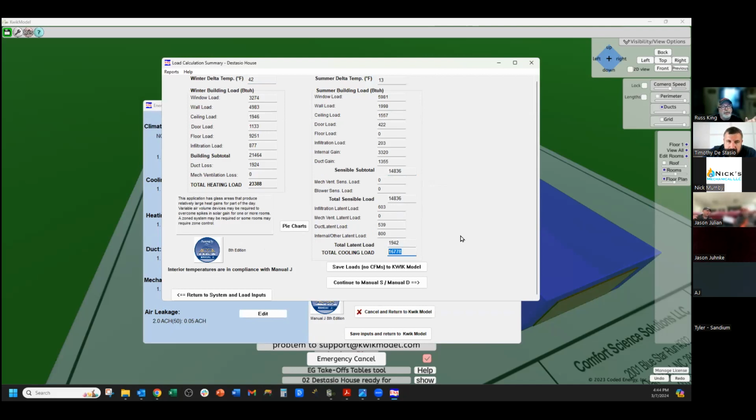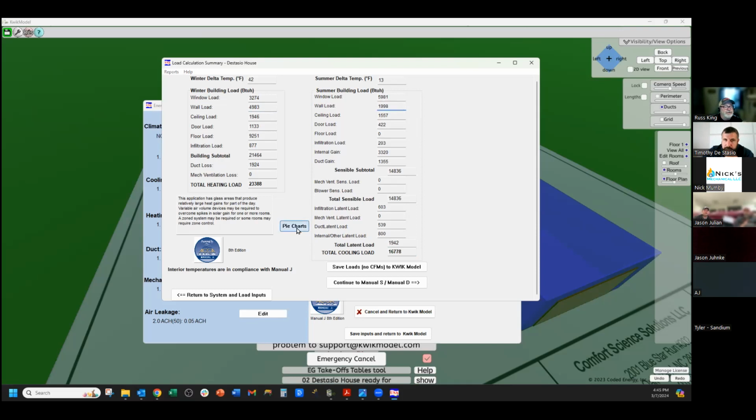Now, what I was saying before is you see all these individual numbers here. It'll show window, wall, ceiling, door, floors, infiltration. These are what change. When you change the R value of the walls, that number is going to change. But that's a small percent of the total load, and that number is only going to change by a small percent.